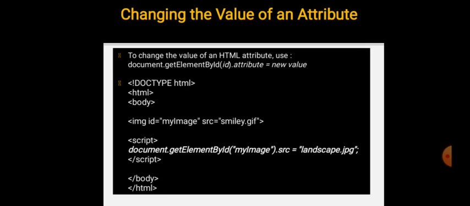By using this code, I am trying to change the source of this particular image from smiley.gif to landscape.jpg. So in this way we can change the value of a particular attribute of an element. First and foremost, we should know which attribute we need to change. By putting a dot and the name of the attribute equal to the new value, using that syntax we can change the value of an attribute of a particular element.